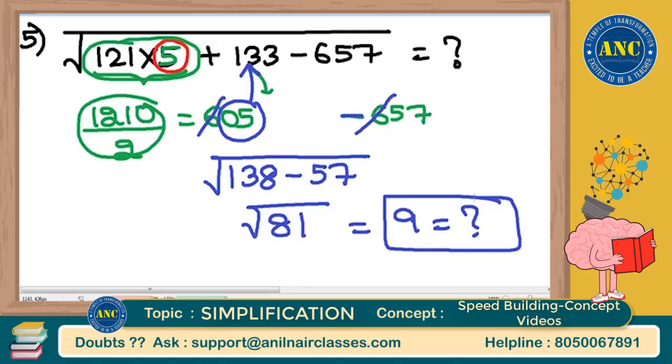This is exactly what I told you in many of my problems. Don't simplify like that. This is plus 600, this is minus 600. Cancel it. This 05, push it to this or push it to that, whichever you like. 138 minus 57 is what is left. 138 minus 57 is 81. Root 81 is 9. The answer for this question is 9.